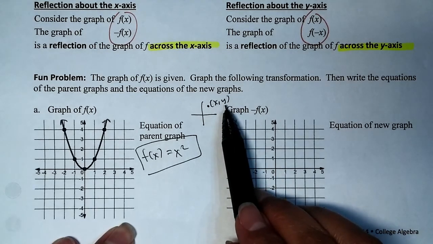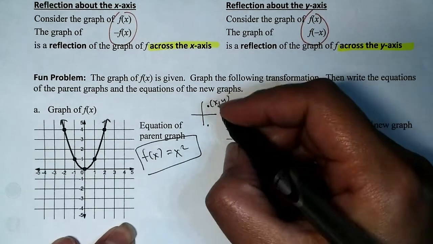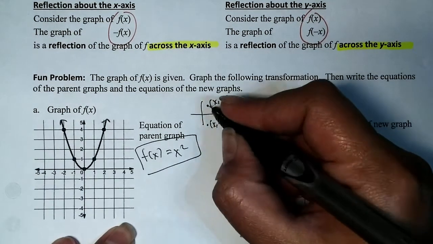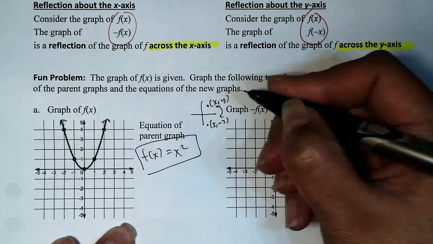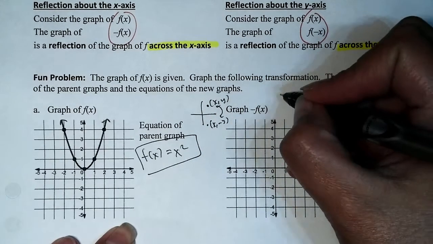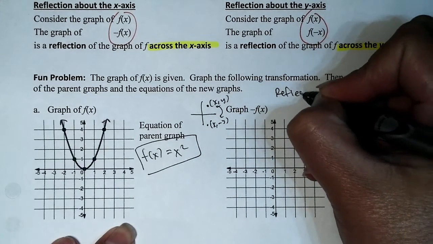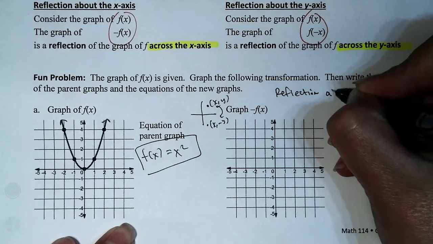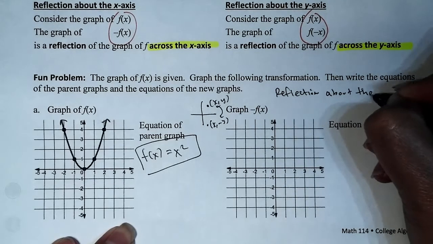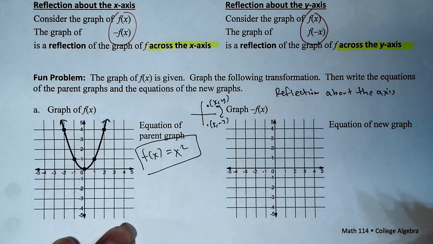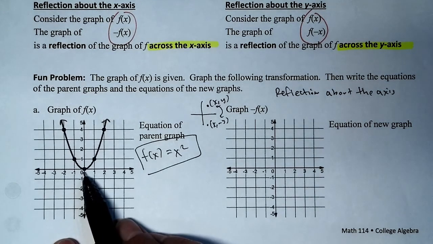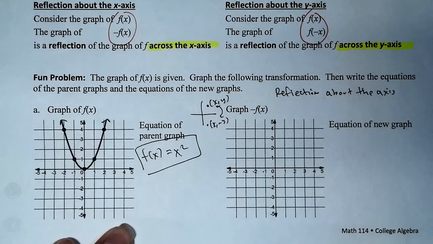So we want to go from positive y to negative y, so it's gonna be a reflection about the x-axis. So let me put a reflection about the x-axis. Okay, so in this case we are at (0, 0), and if we're already on the x-axis and we reflect it, we're still on the x-axis.